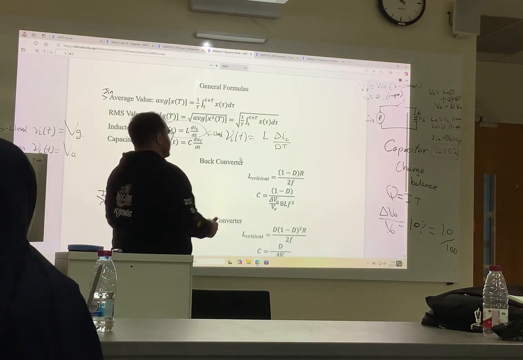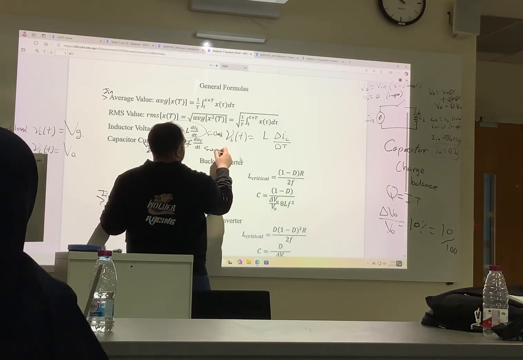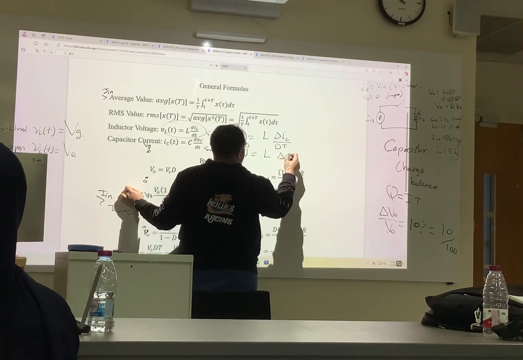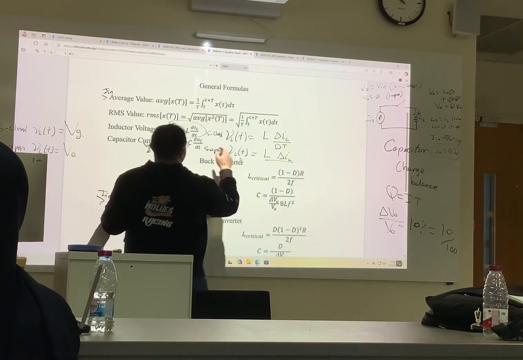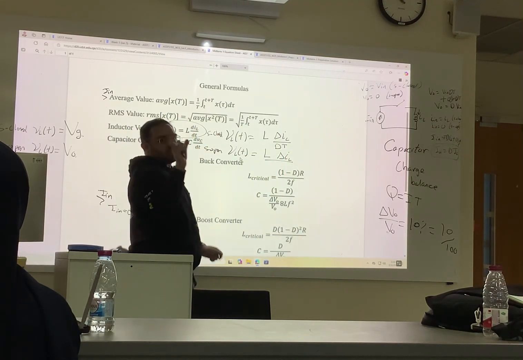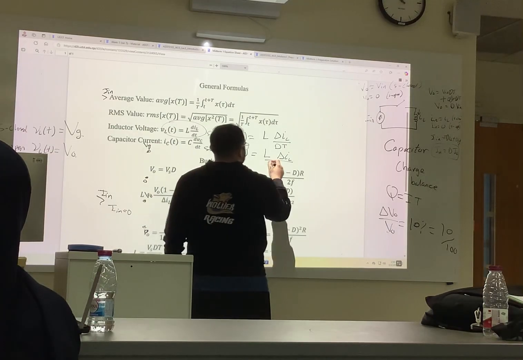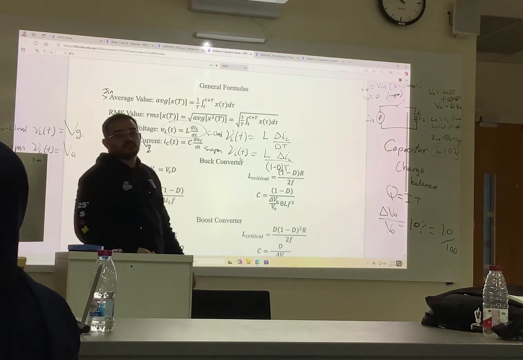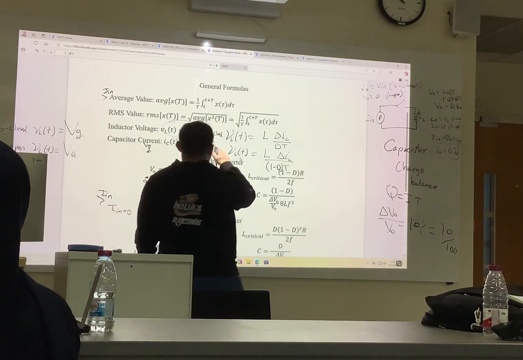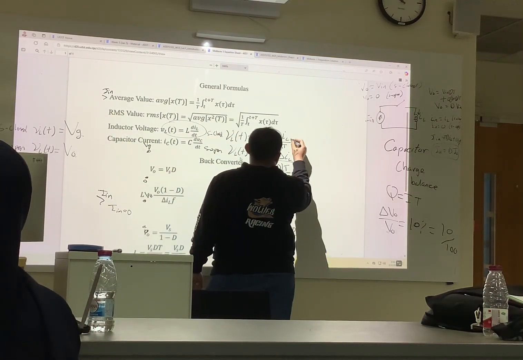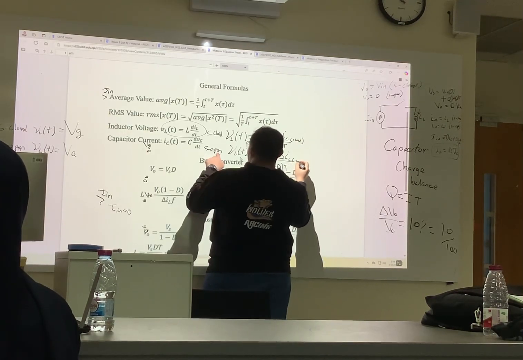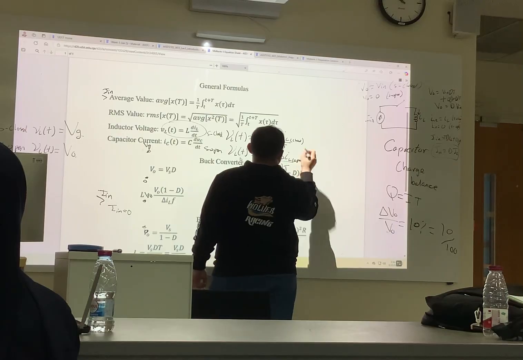Good. Now when the switch is open, VL of t equals L, still delta IL, but now divided by how much is that? 1 minus D t. To make it clear, I could take this as closed and this as open.